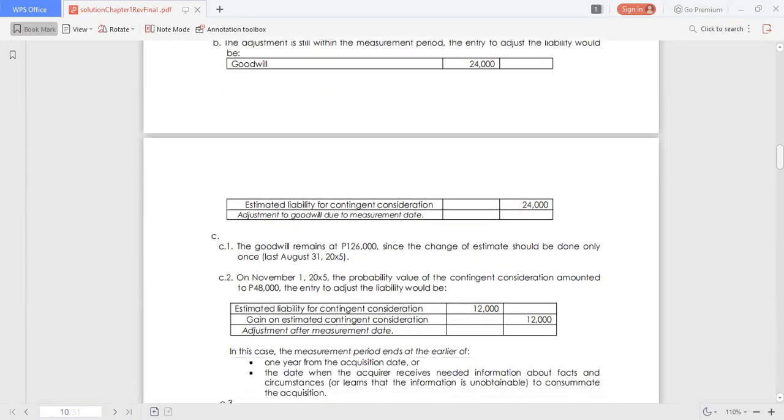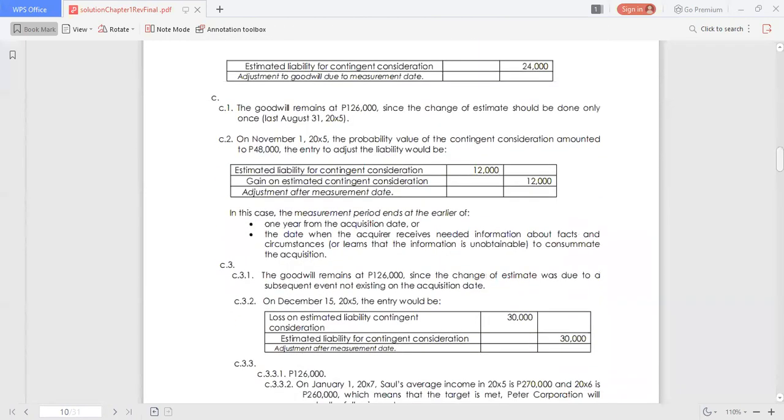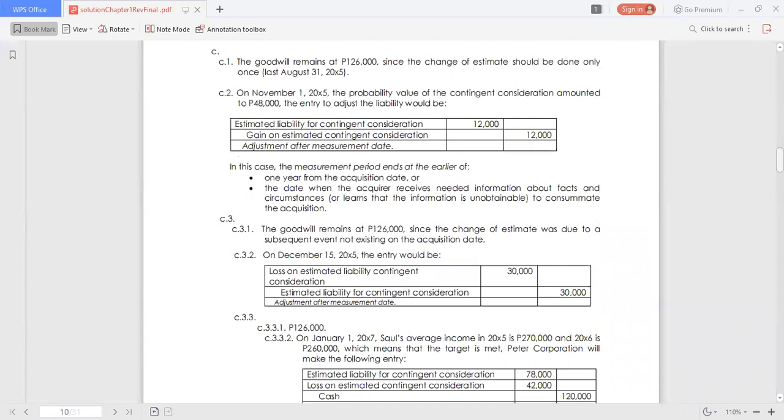So if the adjusted amount is 60,000 minus 36,000, there will be an adjustment equal to 24,000. We now debit goodwill, adjust goodwill by 24,000, and credit estimated liability for contingent consideration.